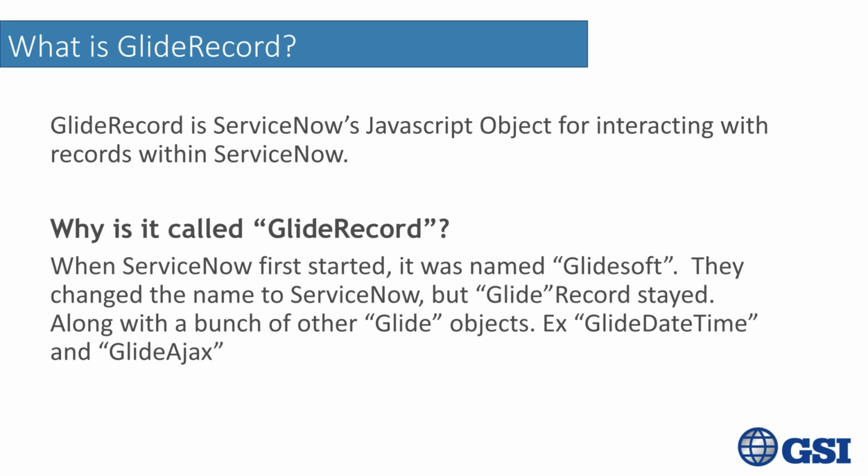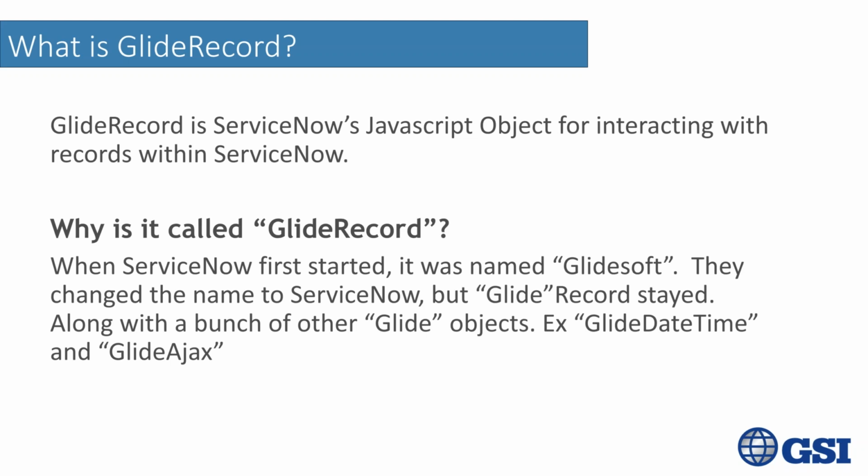So what is GlideRecord? It's the JavaScript API object for interacting with all of the tables and the records in ServiceNow. So if you're used to SQL, it's a way to access and query and update and insert records in the tables through JavaScript.